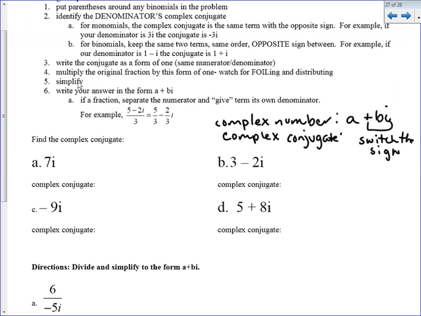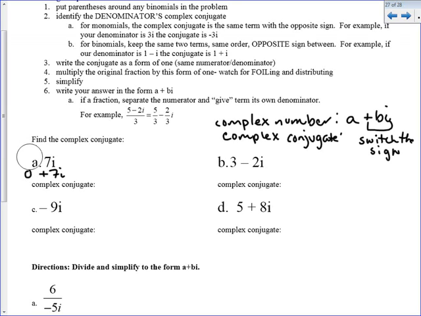Now, right here in our first example, this first one is a complex number. What's the real part? It's kind of a trick question. This whole thing is bi. If I want to write this as a plus bi, what could I add to something without changing its value? 0. You multiply by 1, you add 0. So this is really a complex number.